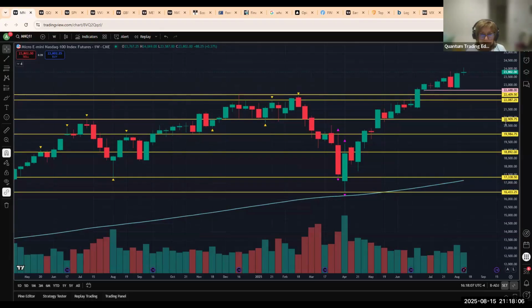What we say about patterns is that there is a hierarchy to patterns, and I'm talking about patterns such as double tops, double bottoms, triple tops, triple bottoms, flags, pennants, etc. And by hierarchy, I mean some patterns have a higher probability of developing. That's the best way I can describe it.